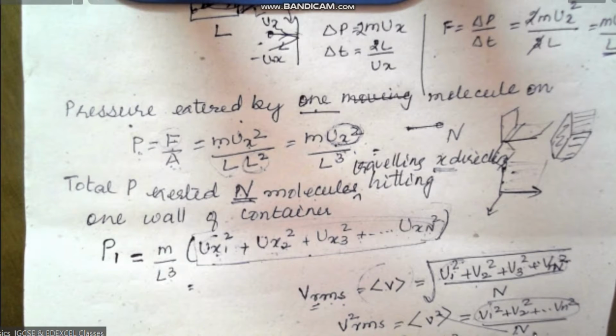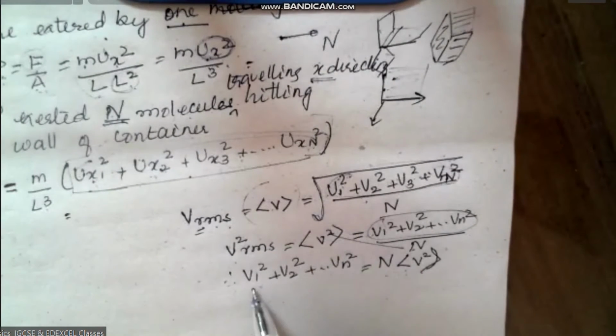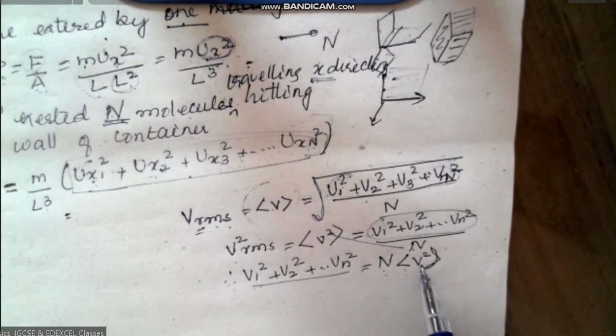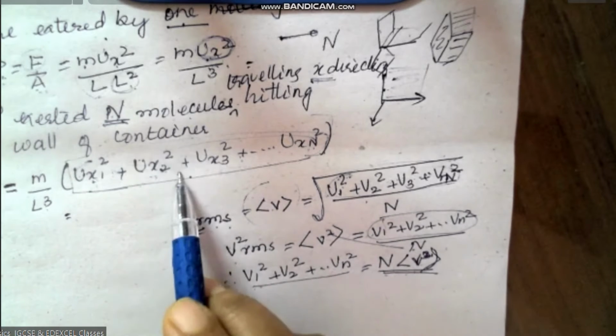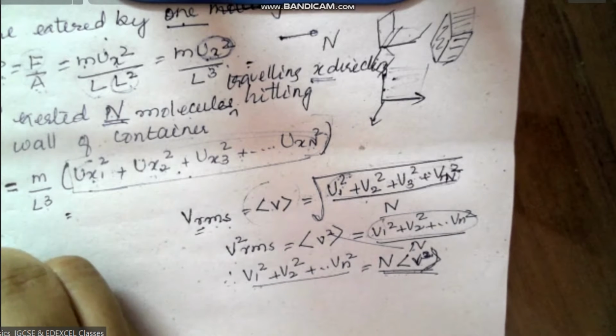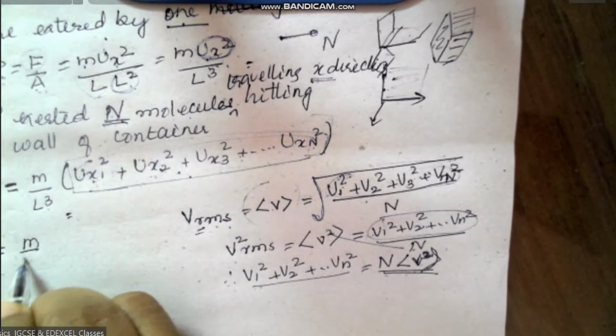Now this one we need only this much. So we cross multiply. From that, V1 square plus V2 square etc. Vn square is equal to n into V square. So we are going to replace this one by n into V square.